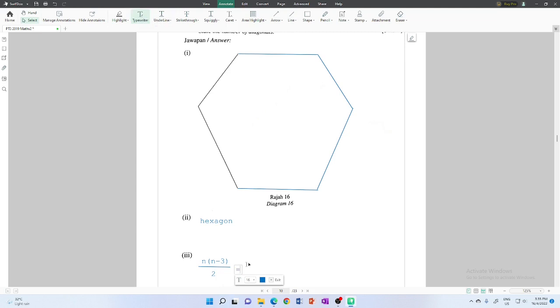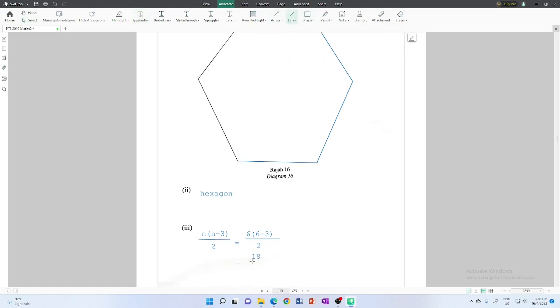The number of sides is 6, so 6 multiplied by 6 minus 3, divided by 2. That will be equal to 6 times 3 is 18, divided by 2. And the answer is 9.